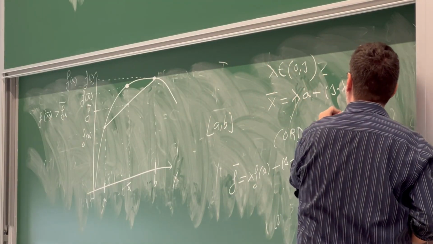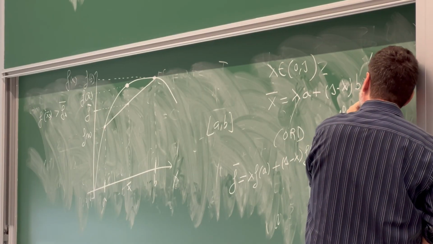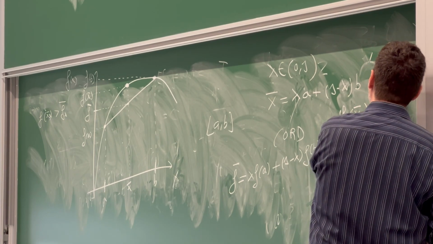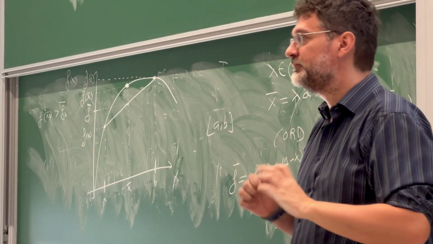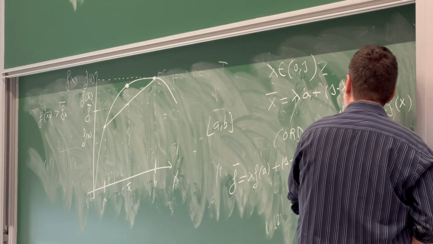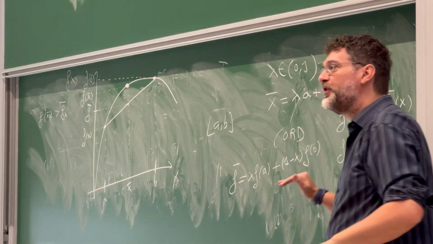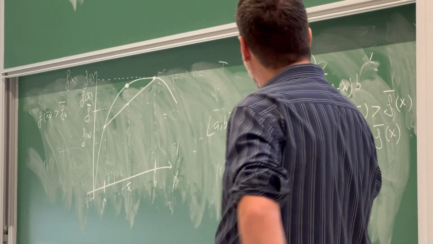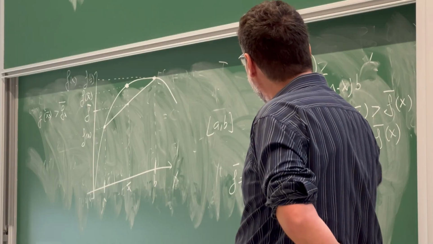The function of a midpoint is greater than the mean value of the function at the endpoints. It's not linear. It's not the same as saying the function of the average is the average of the function. That holds for linearity. When the function of the midpoint is above the mean value of the function, that's concavity.